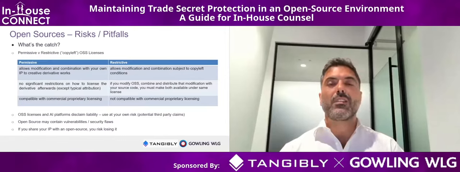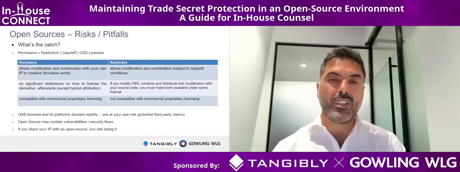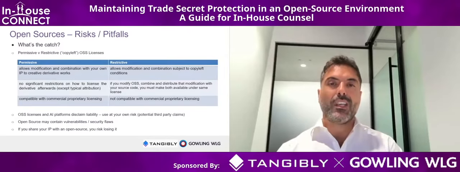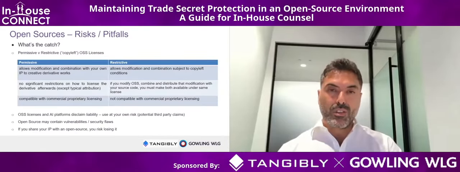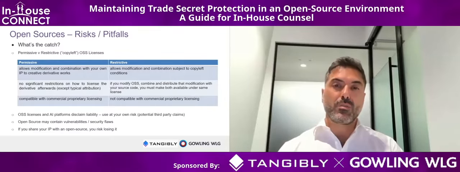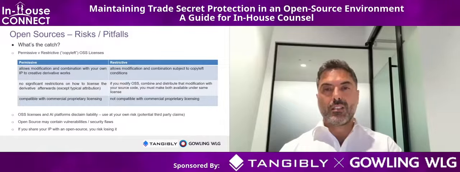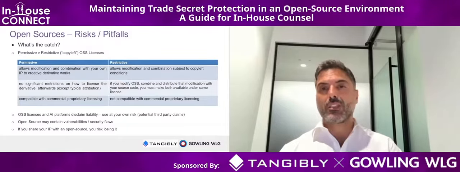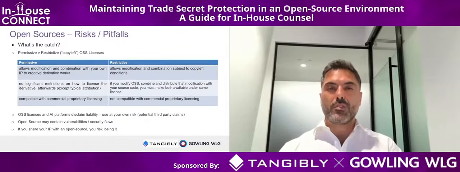So if you are intending to license that output to your customers and charge a fee for that licensing and maintain the closed source of your code, and so maintain the secrecy, then you're going to run into problems if one or more customers, or one of those restrictive OSS licensing societies, discovers that you have in fact modified the open source and used it as part of your own source code.